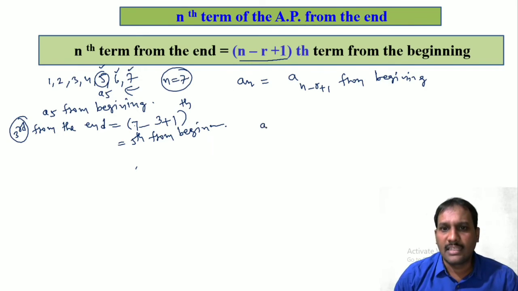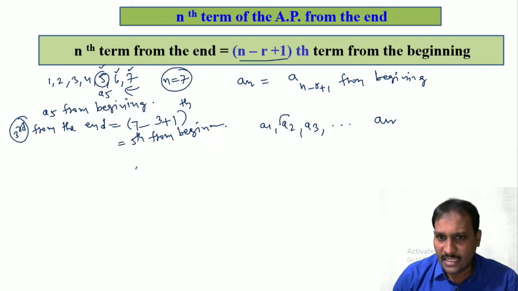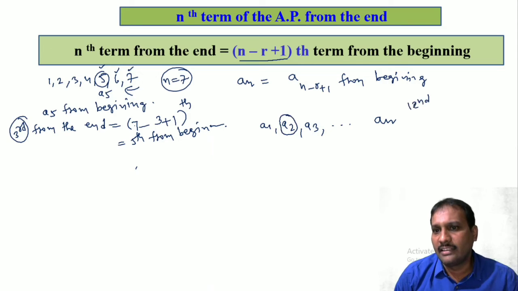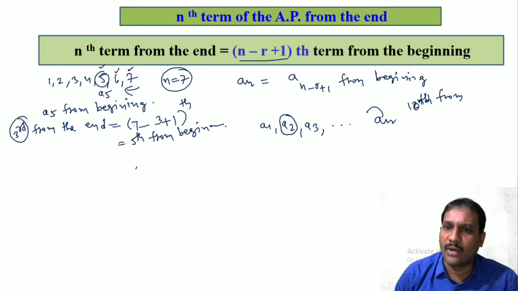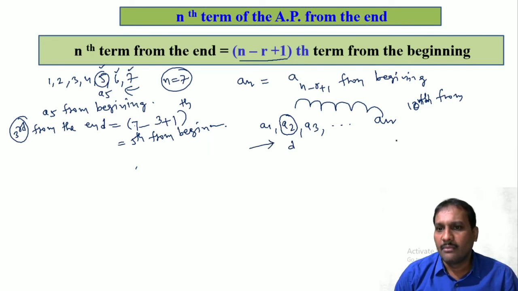Let us say a1, a2, a3 and so on up to an. Suppose you want the second term from the end or the 10th term from the end, then you start counting from the right side, 1, 2, 3, 4, 5, 6, something like that. Now when you are going from left to right, the common difference is D. But if you come from right to left, the common difference will be minus D, and this an will become the first term.